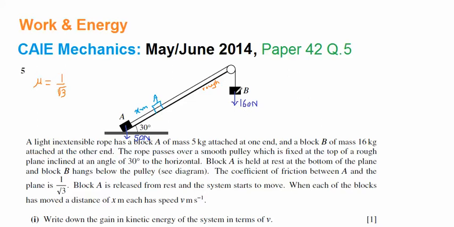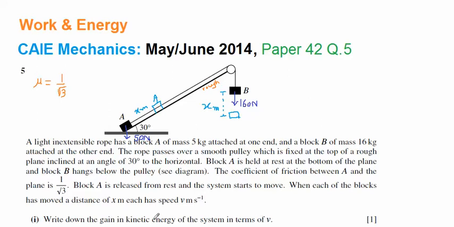Object B will move x meters down, so it will be somewhere here, x meters down from the initial position. The first part of the question is to write down the gain in kinetic energy of the system in terms of v.